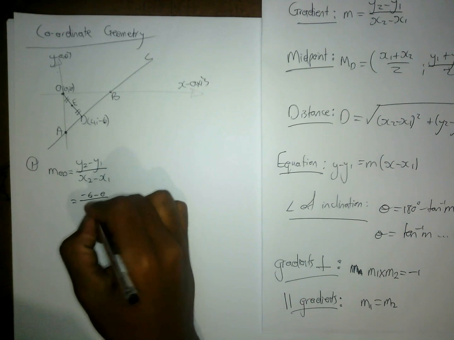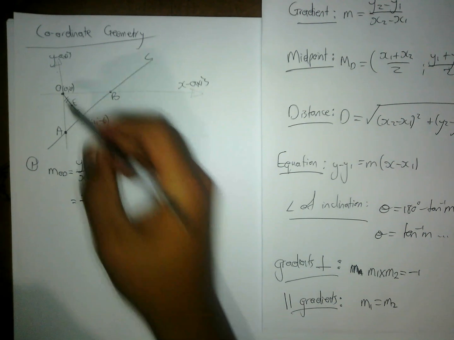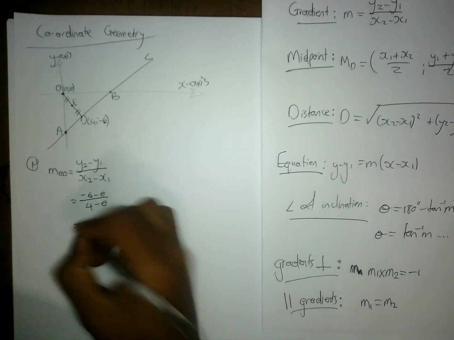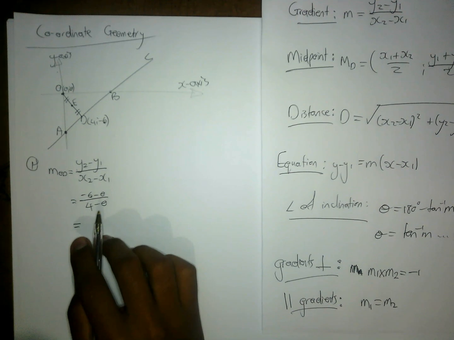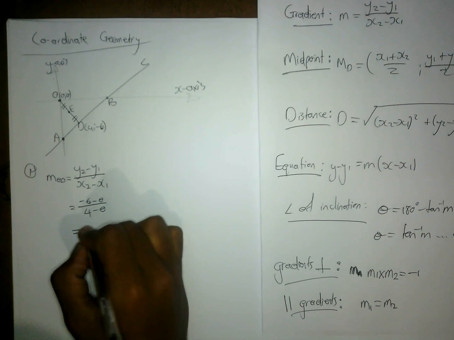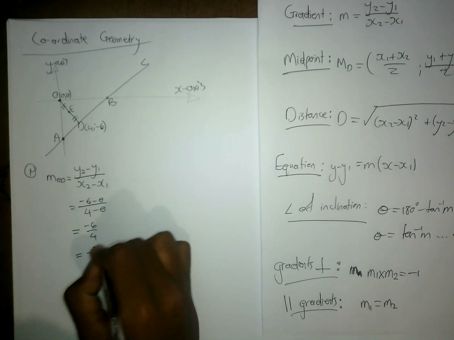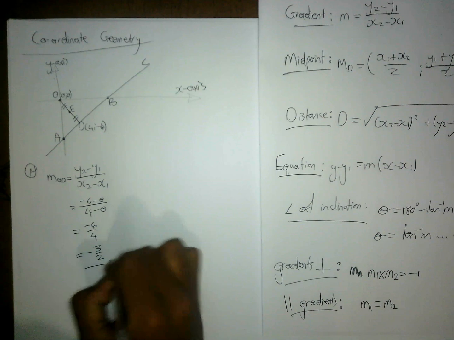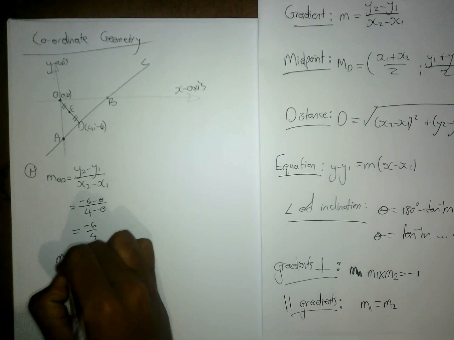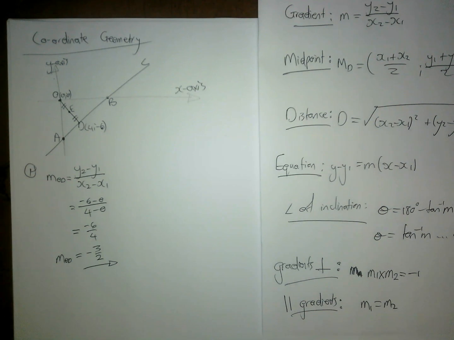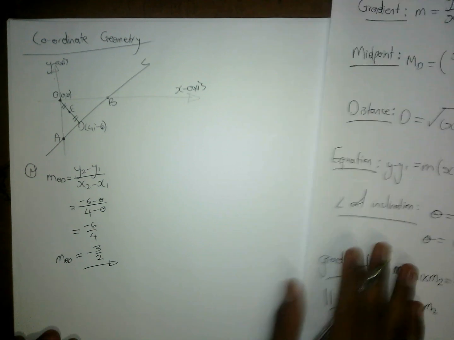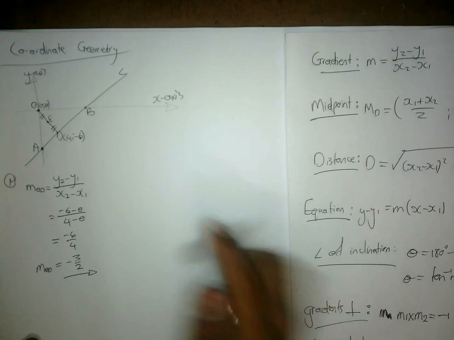So it's 4 minus 0, which is -6 over 4 equals -3 over 2. This is our gradient for MOD, which is very straightforward.